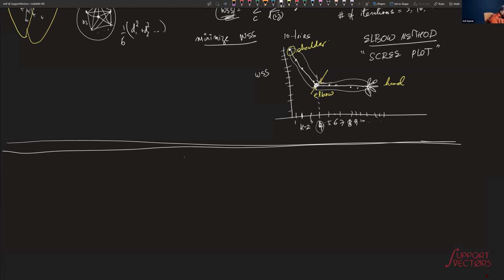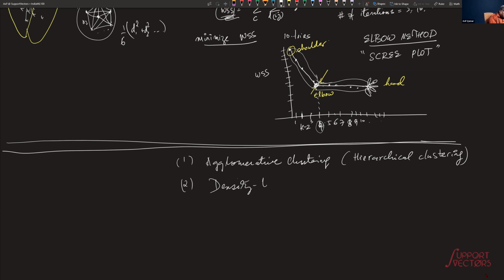So we're going to do agglomerative clustering. By the way, this is chapter 10 of your book. It is also called hierarchical clustering. And the second thing is density-based clustering that we are going to cover.